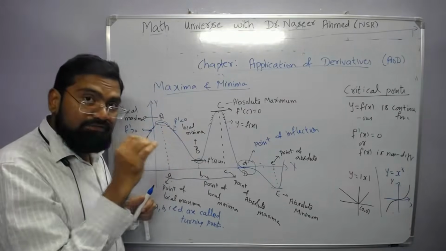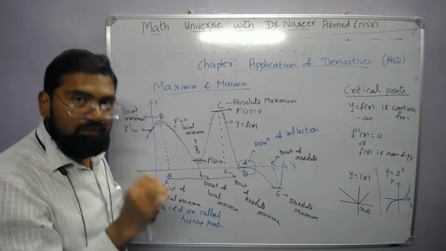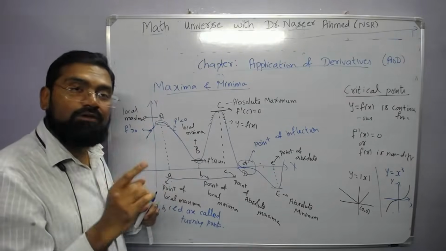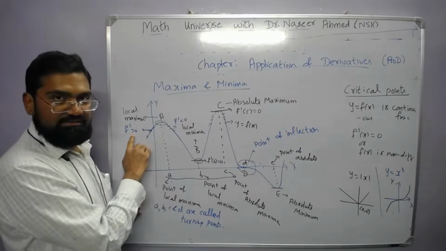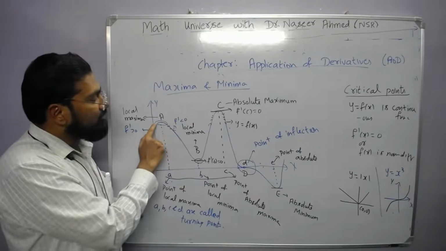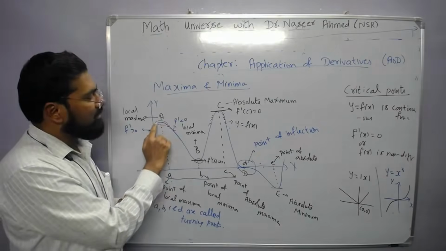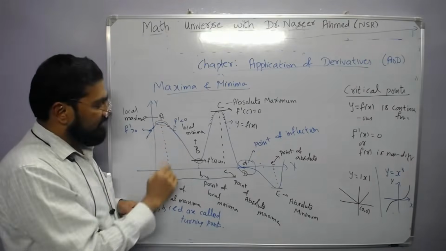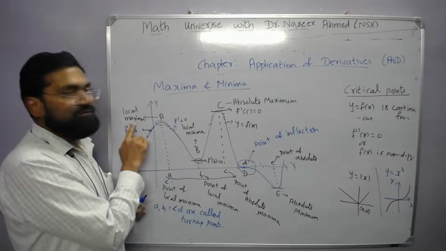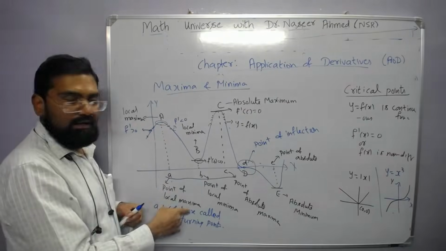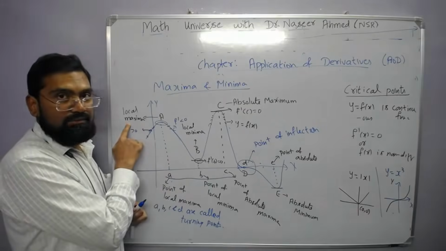By using first derivative test, I'm going to talk about local maxima, local minima. Whenever the sign of f dash changes from positive to negative, the point at which it changes sign will be the point of local maxima, and you are going to get the local maximum value.